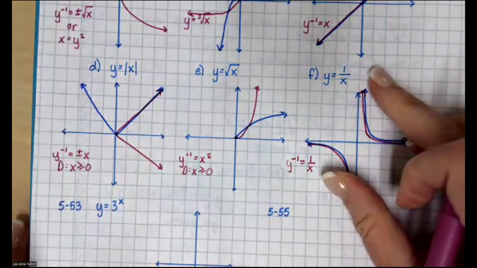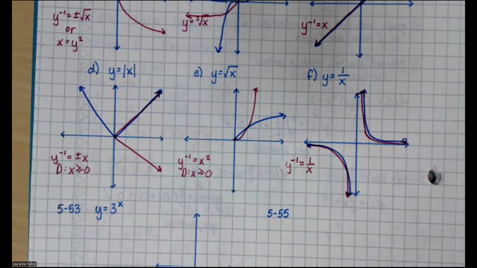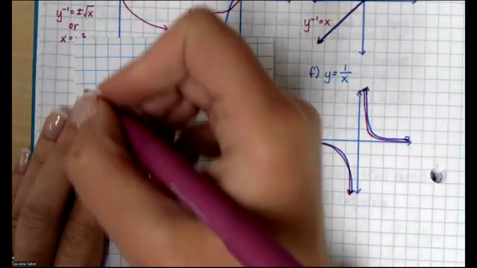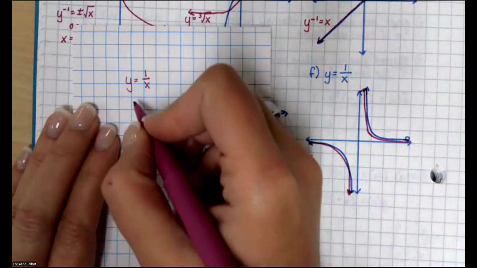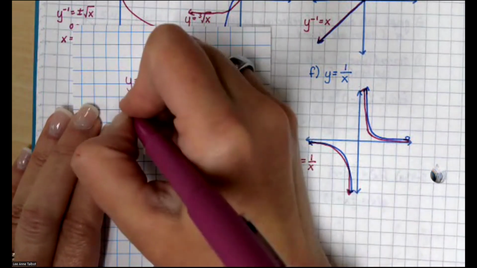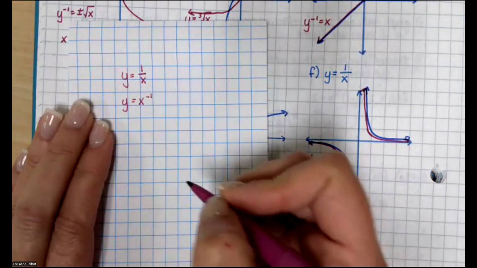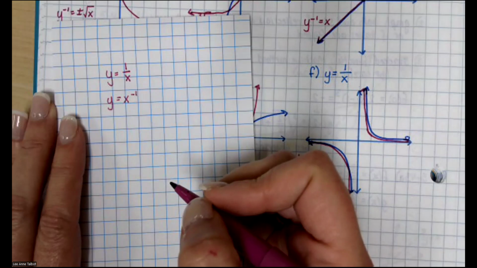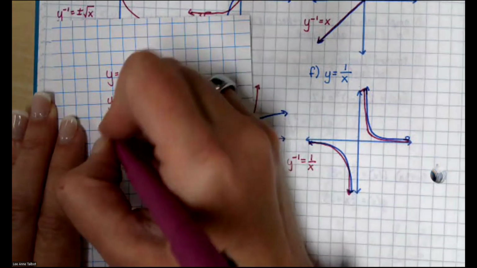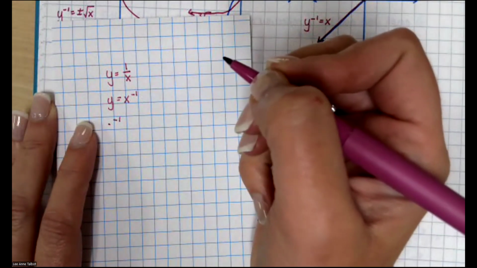Okay, would anybody like me to show them why this is what it is? Yes, okay. So, do you want me to show you in steps or by flipping x and y? Okay, first I'm gonna do the method that we did in number 24 where I change it to x to the negative 1 power. What's the only step that happened to it? Negative 1 power. Okay.